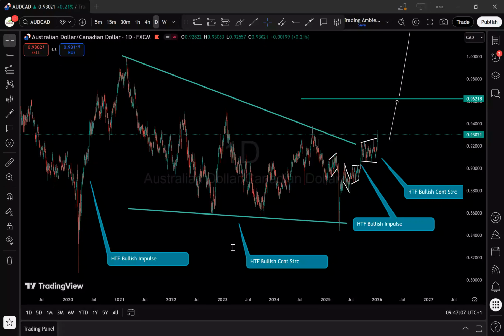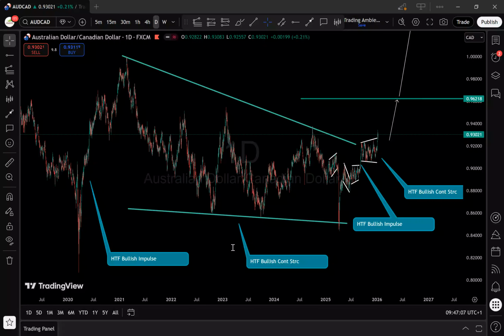On the higher time frame for CHF JPY, we have a bullish impulse and a bullish continuation structure. Looking at this, we have this bullish impulse and bullish continuation structure.